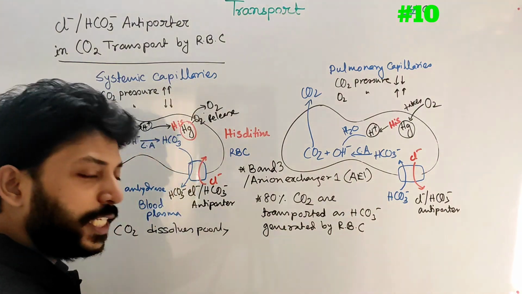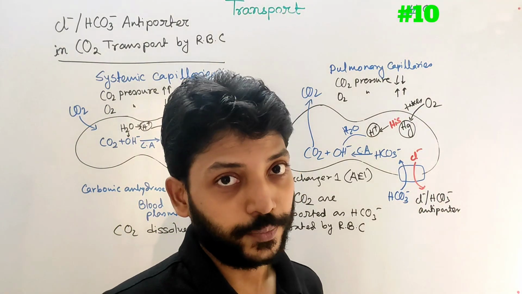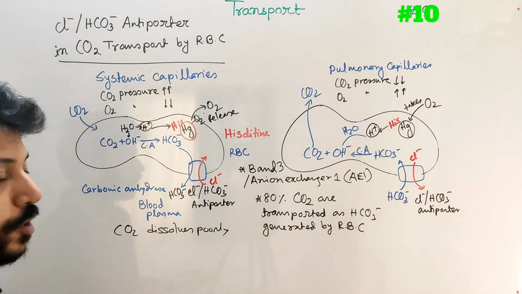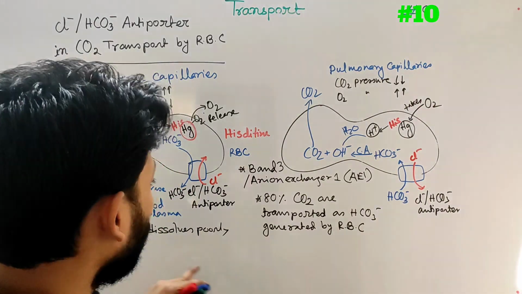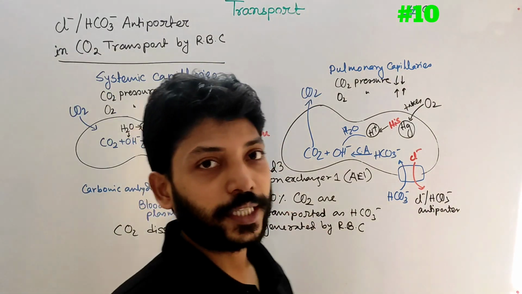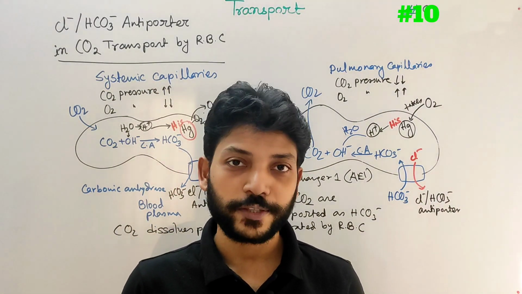So you can remember any name, band 3 or AE1 or chlorine bicarbonate antiporter. So in this video we have learned how chlorine bicarbonate antiporter helps in the transportation of carbon dioxide in two different situations, when the red blood cell is present in the systemic capillaries and when it is present in the pulmonary capillaries. Hope this video will help you. Thank you for watching and always keep learning.